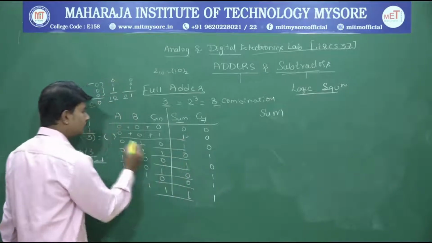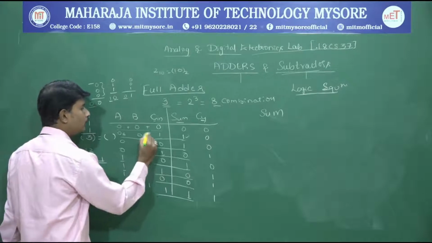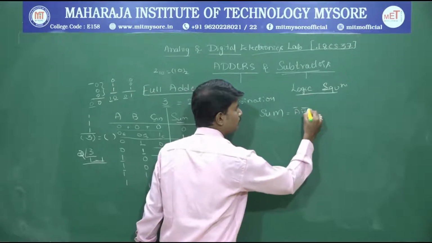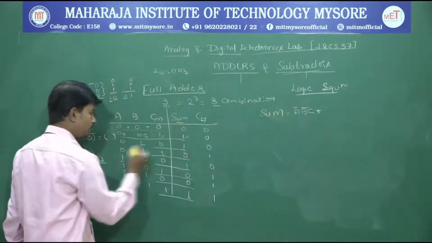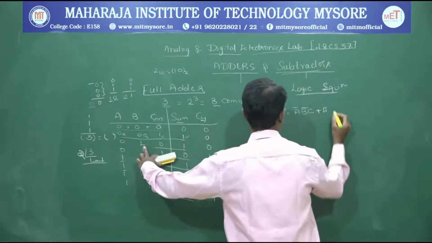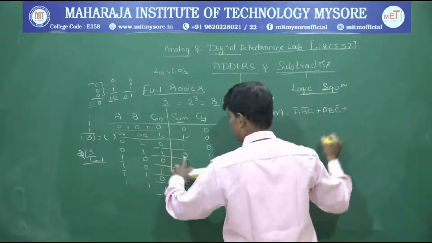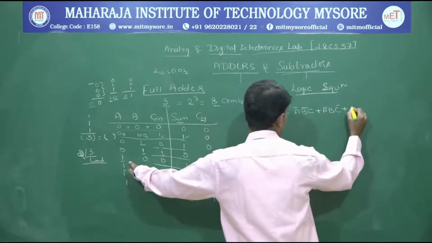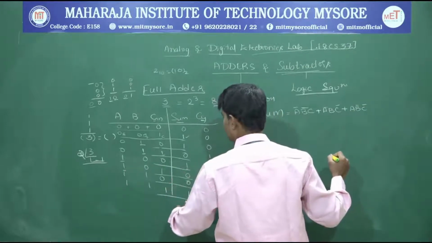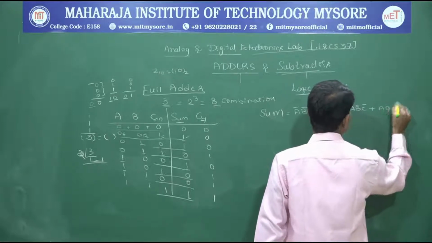So the first high is here, so I can say that this is A bar, B bar, C. So this is A bar B bar C plus the second high, which is A bar, then B and then C bar. Similarly for the next I can write A, B bar, C bar, and for the last combination I can write A, B, C.